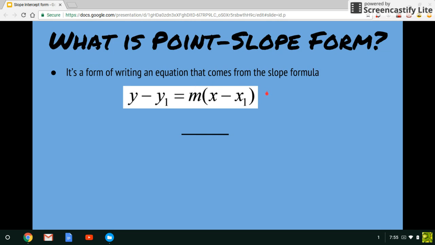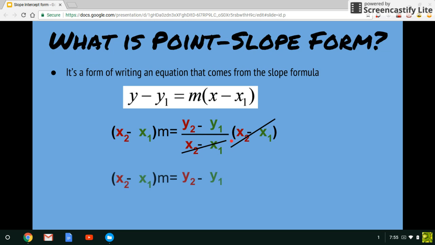And we can find this point-slope form just by using the slope formula. So we have our slope formula, m equals y2 minus y1 over x2 minus x1, change in y over change in x. If we multiply both sides by x2 minus x1, the x2 minus x1s on the right cancel each other out.